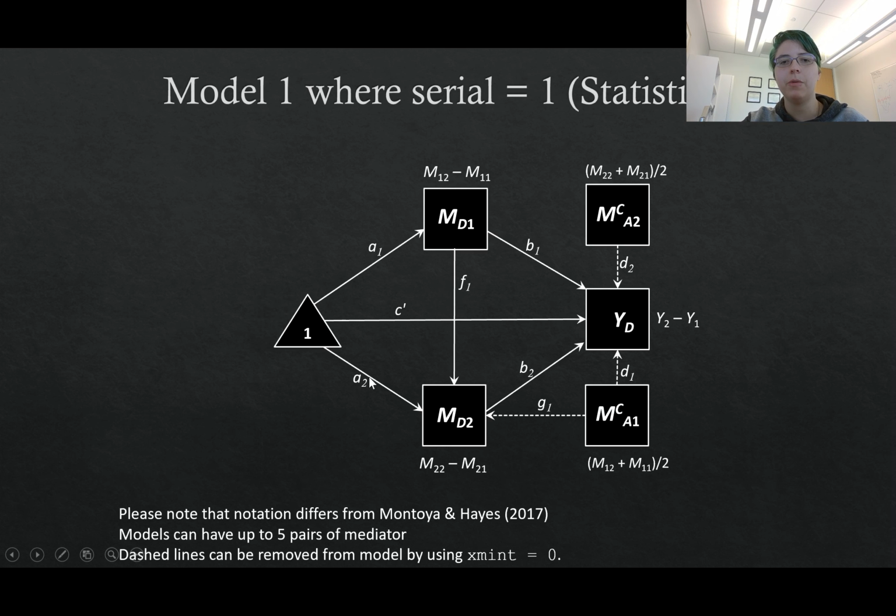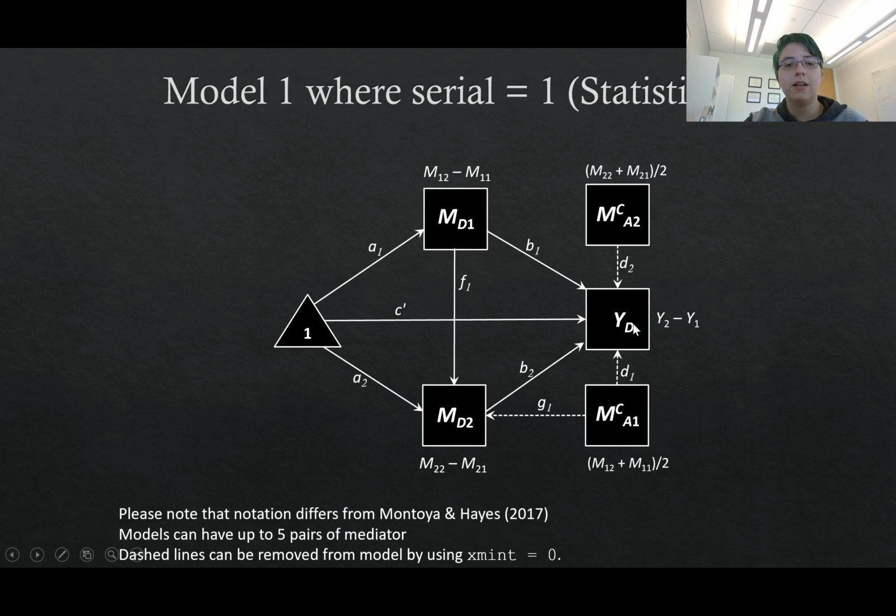So conceptually, what we do here is we estimate a model very similar to the mediation model, but we also allow for a path between the first mediator and the second mediator. So here we have a mediator predicting another mediator, and that allows for a serial indirect effect where we look at the product of A1, F1, and B2.